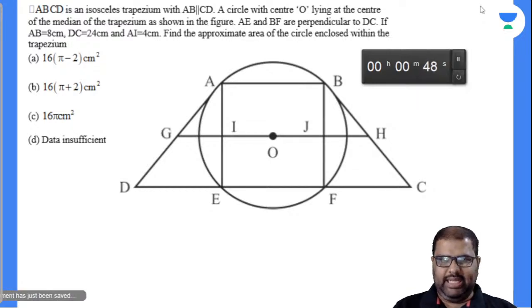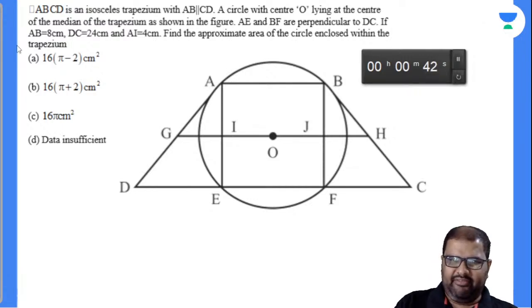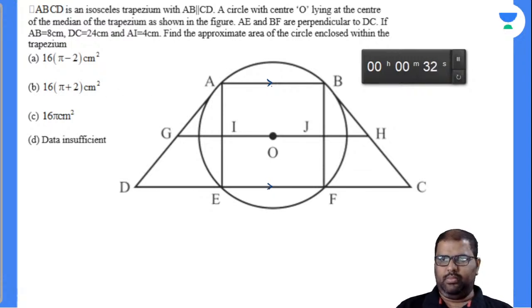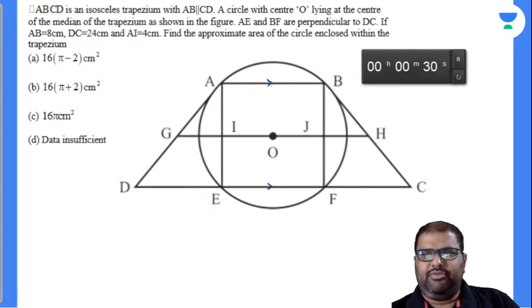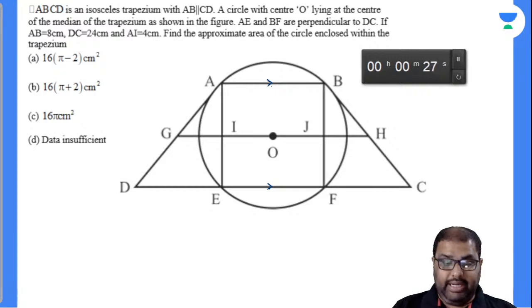ABCD is an isosceles trapezium with AB parallel to CD. Okay, fine, this is a normal trapezium property. A circle with center O lying at the center of the median, exactly the middle line segment of the trapezium, as shown in the figure.